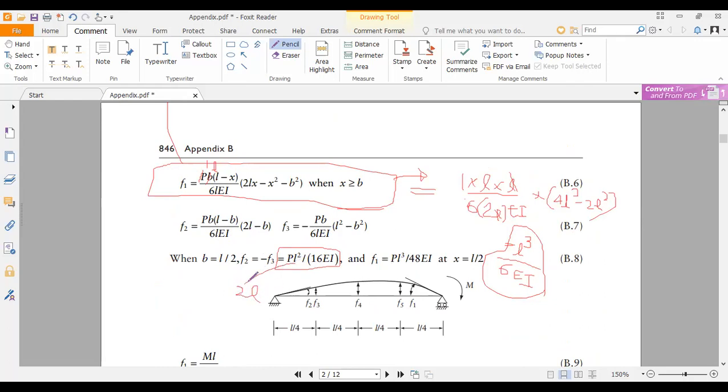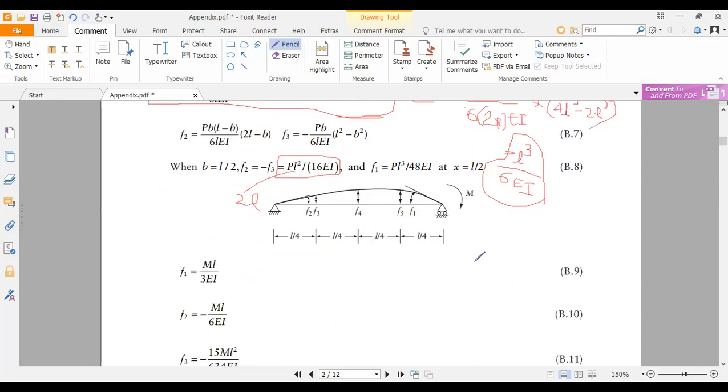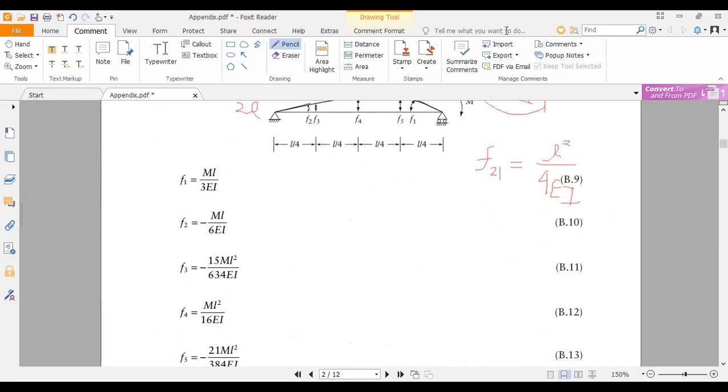So 2L squared means 4L squared. So that 4 is getting cancelled with this 6, right? So that means your F1 comes to L squared. So P is 1, it's a unit force, for E, and yes, we'll take this and go to the appendix.